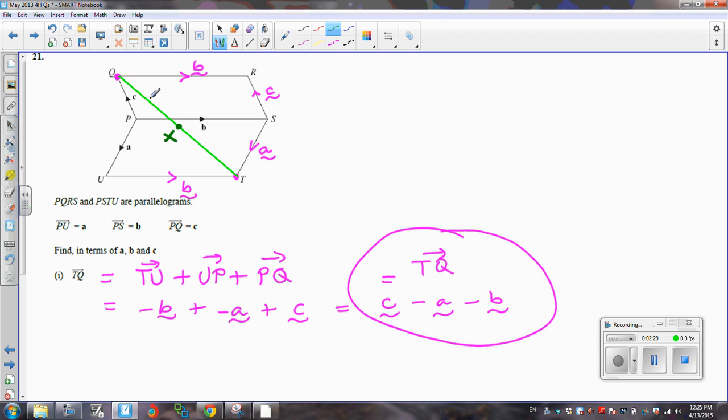So the distance from Q to X is the same as the distance from X to T. So we're trying to find the vector that takes us from P to X. I'm going to use TQ to help me.